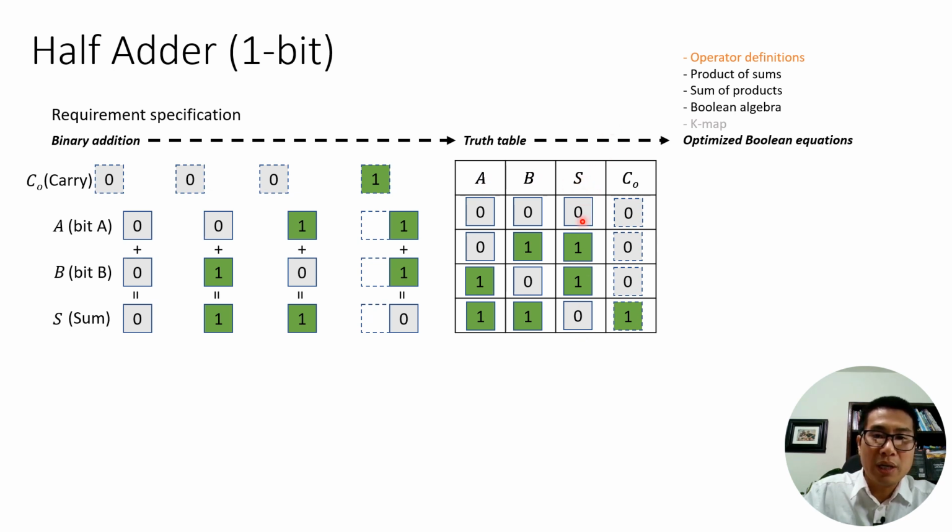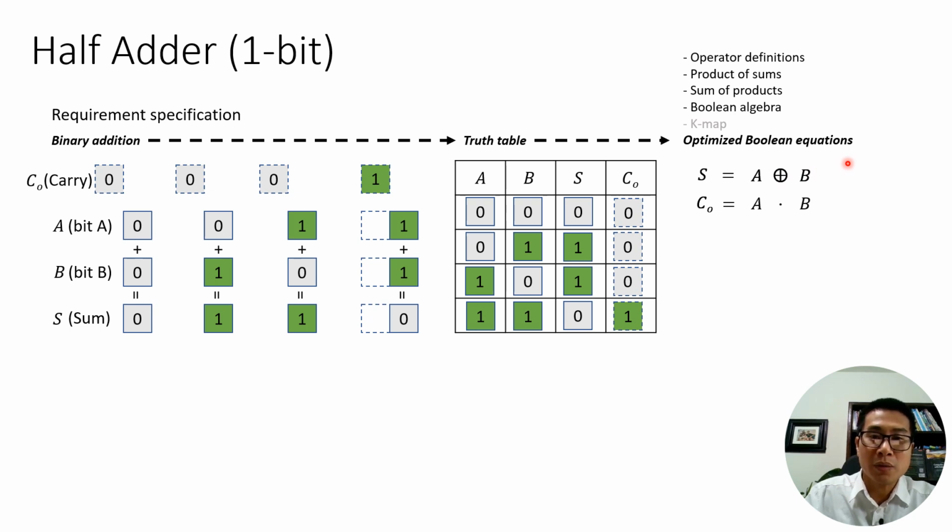S is true only if A and B are different, and that by definition is the exclusive OR operator. So we'll now have S equal to A exclusive OR B.